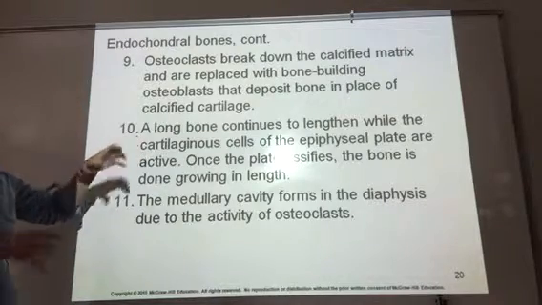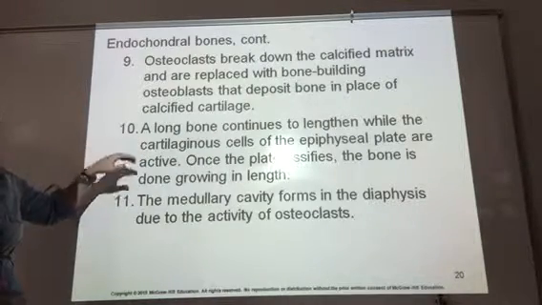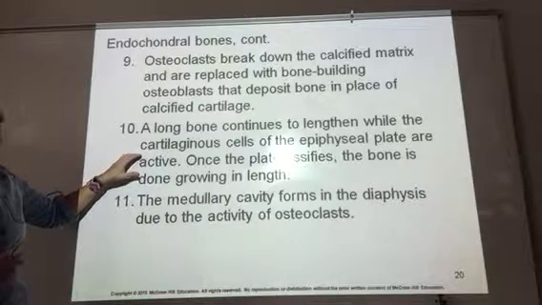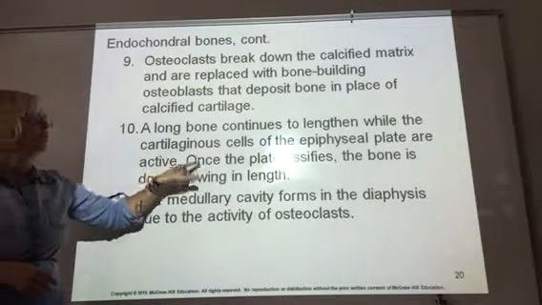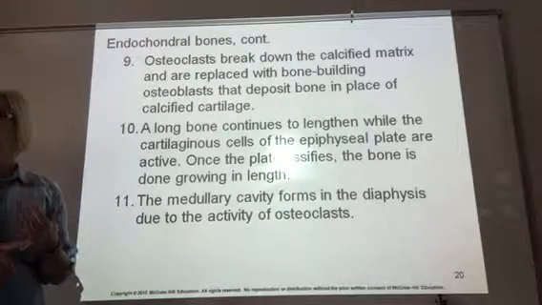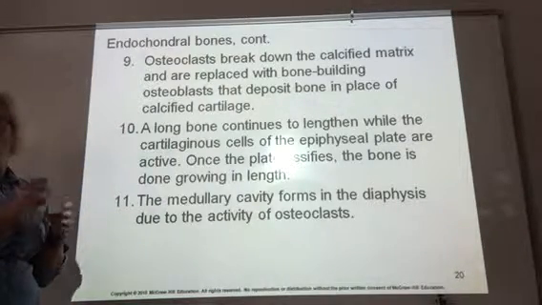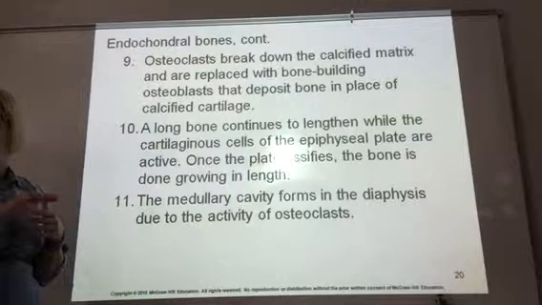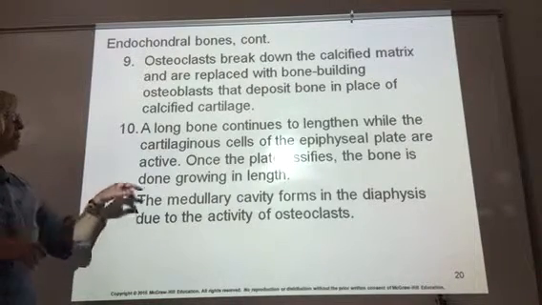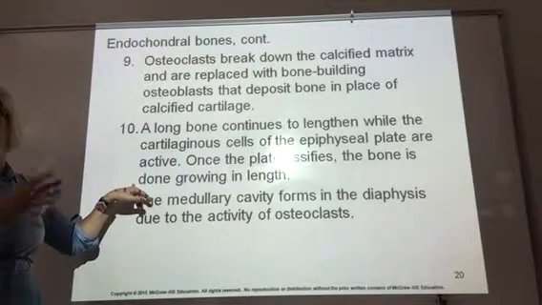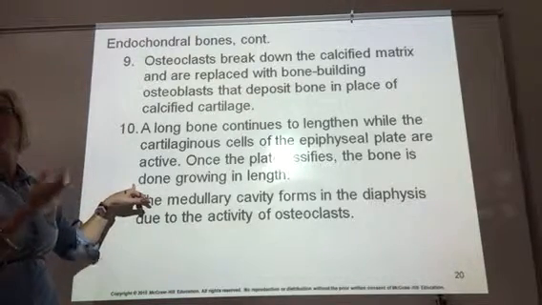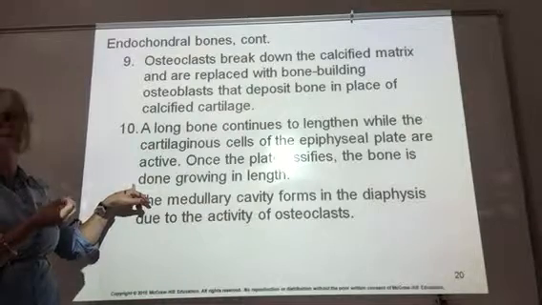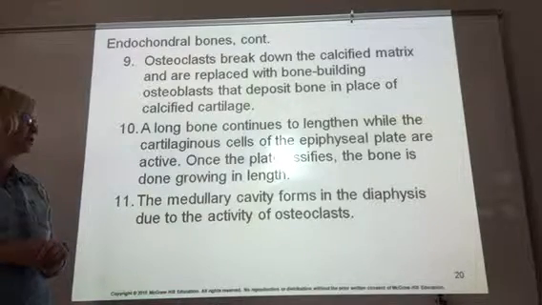A long bone will continue to grow in length while the cells of the epiphyseal plate are active. Once that plate, your growth plate, ossifies, once it hardens, once the cartilage is gone, it's become bone, the bone is done growing. And that's what we call closing of the growth plates. Once those growth plates are closed or inactive, that bone's not going to grow anymore.